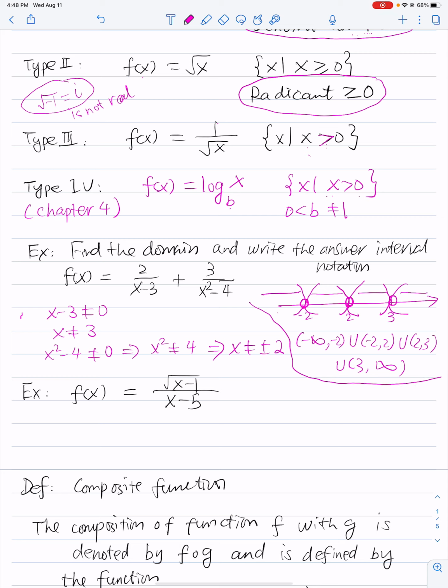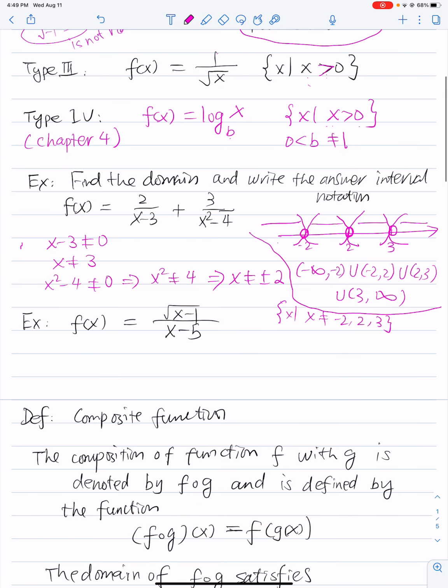It looks nice. And the set builder notation will be x cannot be equal to negative 2, 2, and 3. The set builder notation for this one is easier, but typically they will ask you for the interval notation.